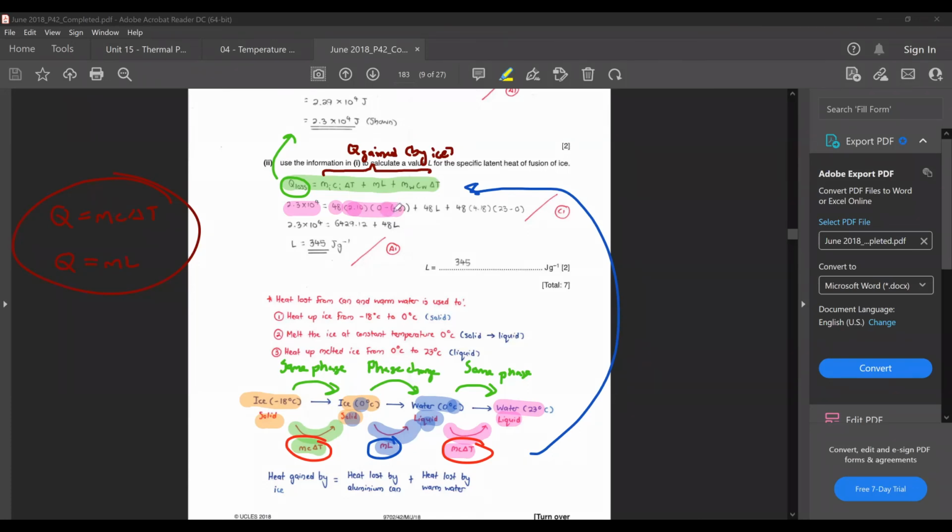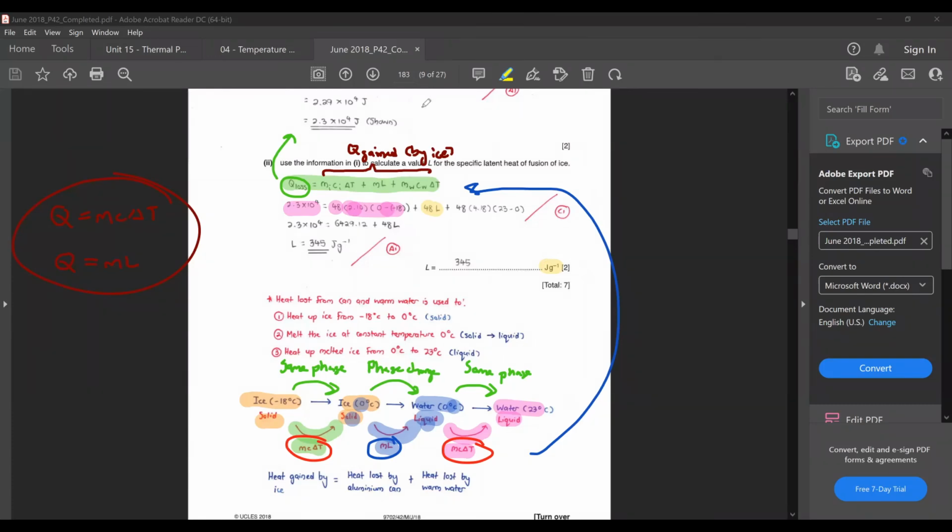Don't bother about any negative, so it will just be 18. And then once you have a phase change from ice to water, your mass is 48 grams, and the L is what you want to find. So you just take 48 times L. You don't need to change the units from gram to kg, because you see this one is joules per gram, so you can just leave everything in grams.